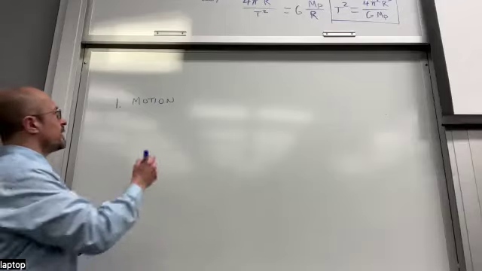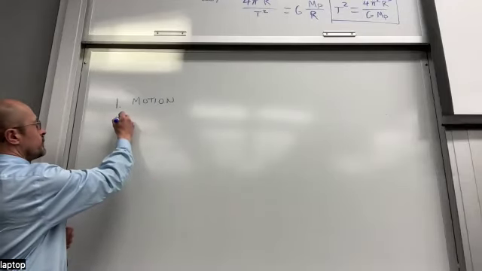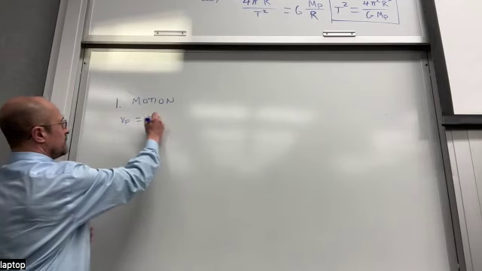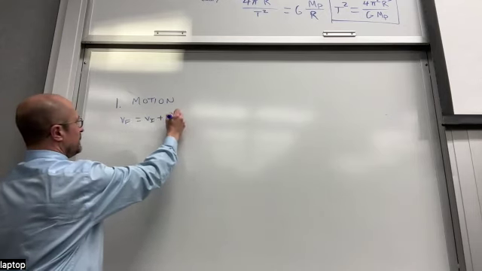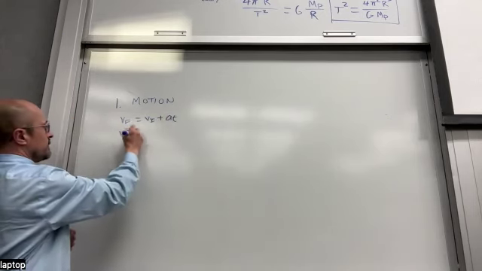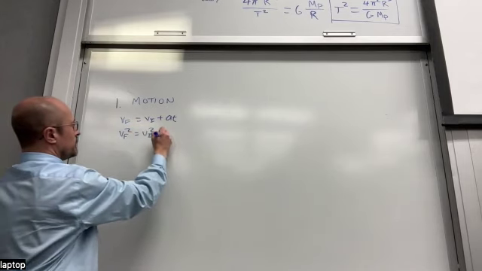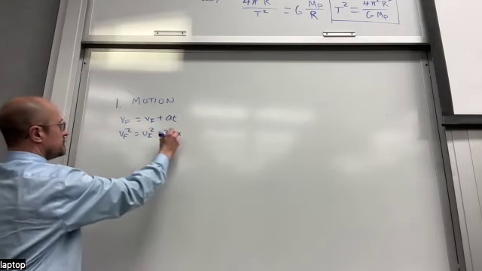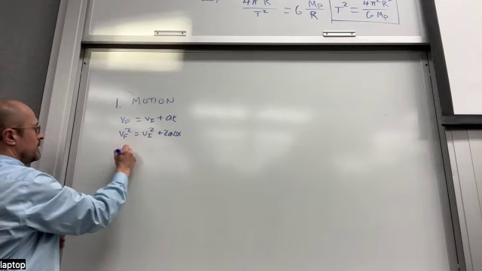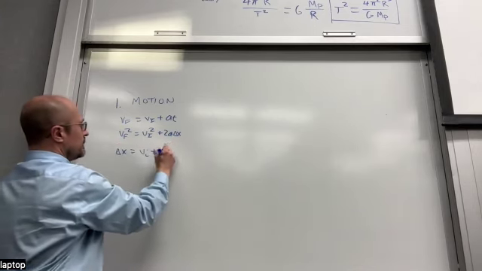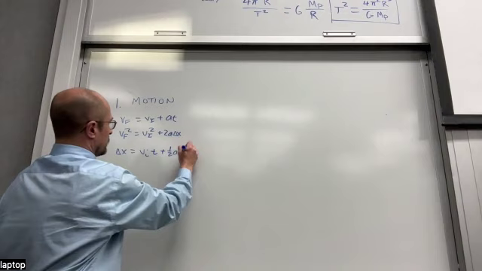The big three equations you care about out of motion are, of course, V final equals V initial plus AT; V final squared is equal to V initial squared plus 2A delta X; and delta X equals V initial T plus 1/2 AT squared.